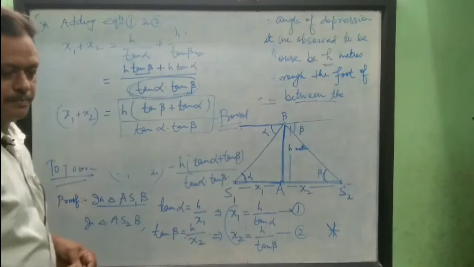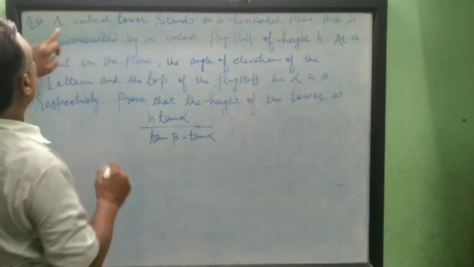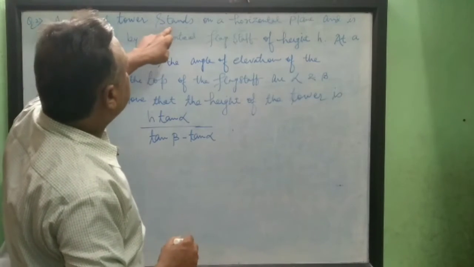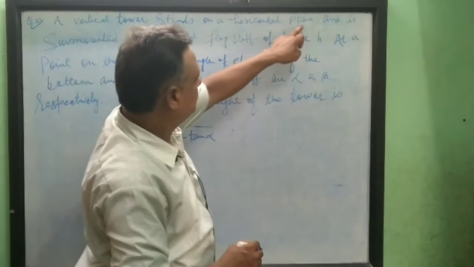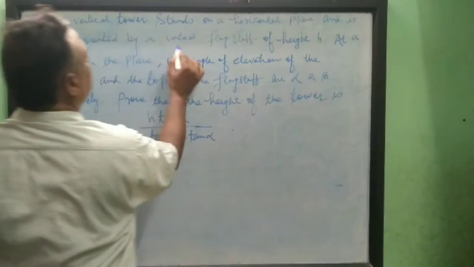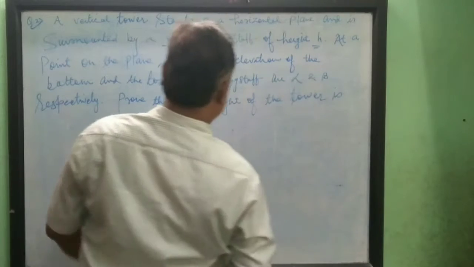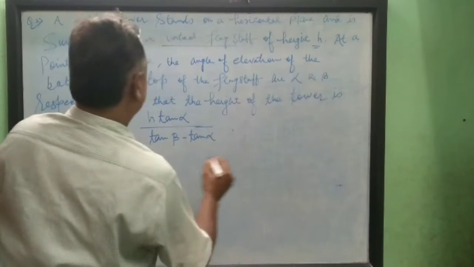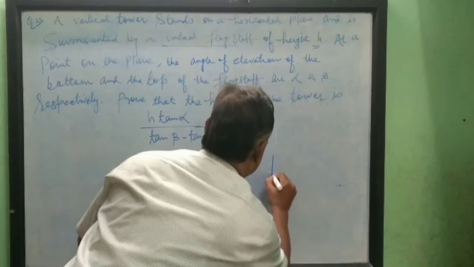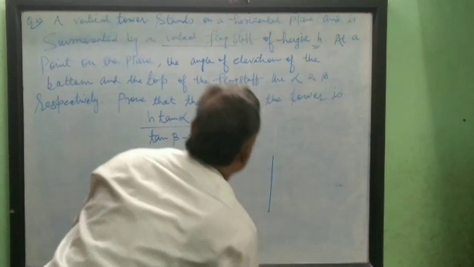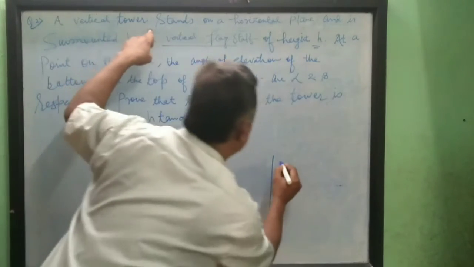Note down. Our next question is, a vertical tower stands on a horizontal plane and is surmounted by a vertical flagstaff of height h. So at first draw the figure. This is the vertical tower.